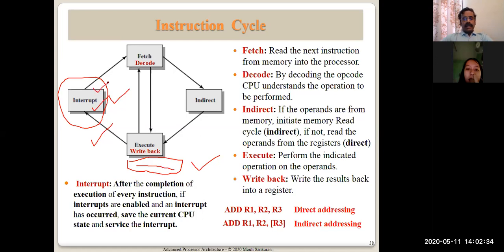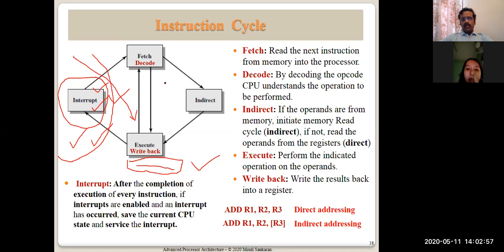If there is an interrupt, the normal flow of execution is stopped and the ISR, the interrupt service routine, is executed. That means it will access a different location and execute a different set of instructions. It will be in interrupt mode, and after it returns, the normal execution starts.